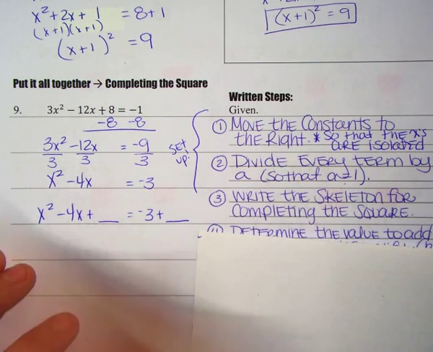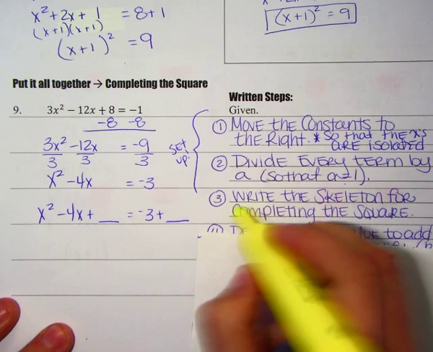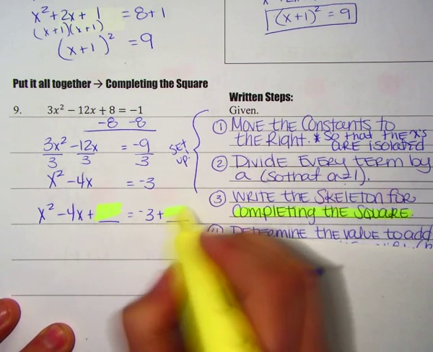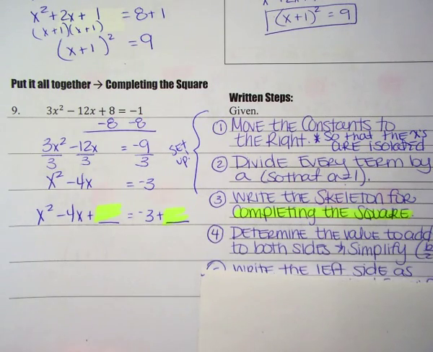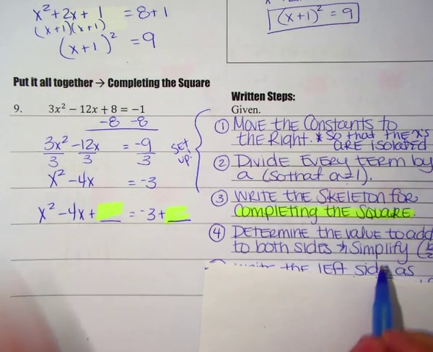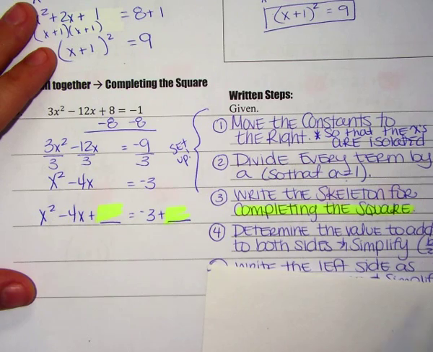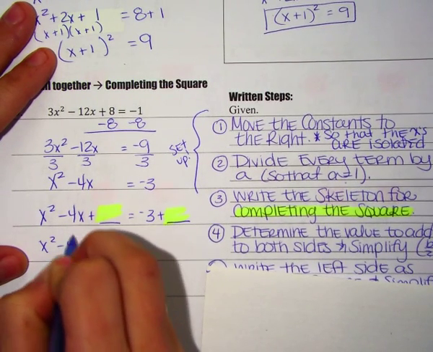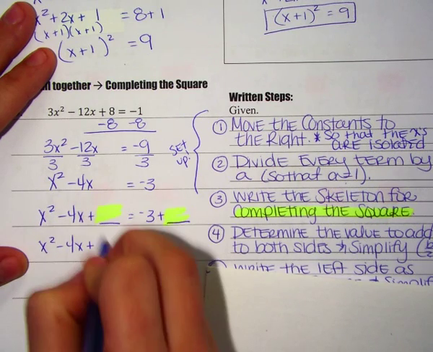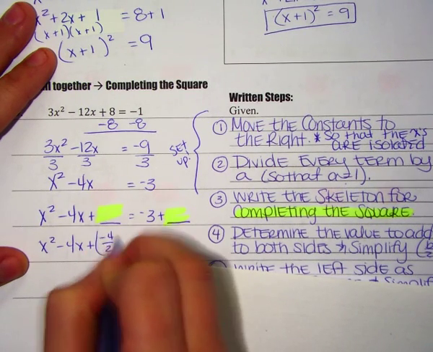And the completing the square part, just so you know, is figuring out what value to add to both sides. So we need to determine the value to add to both sides by doing b divided by 2 squared. I'll rewrite this one more time. B divided by 2 squared.